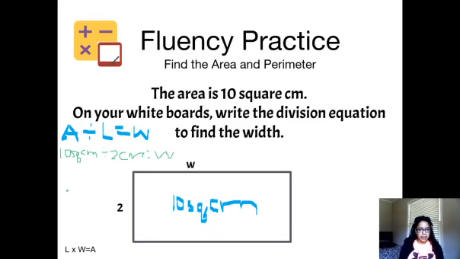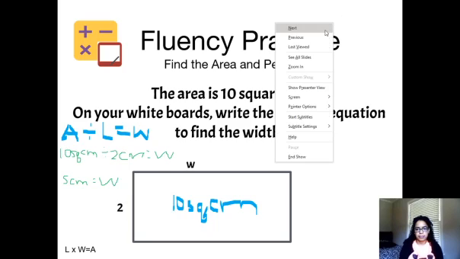Alright, so 10 divided by 2 is 5. So 5 centimeters equals the width. If we were going to solve and check, you could do 2 times 5 and equal 10. So we got it correct. Okay, moving on.